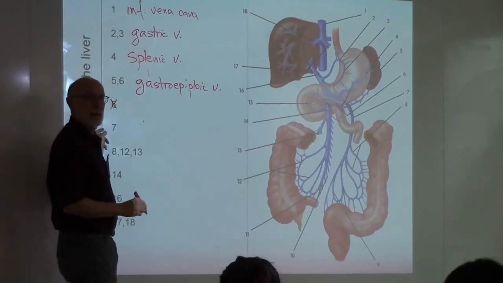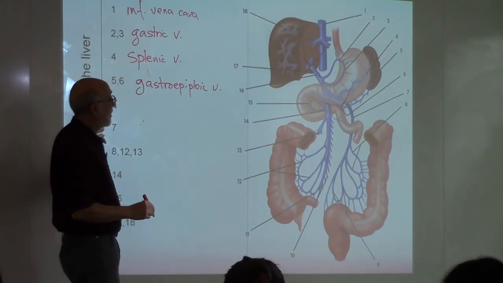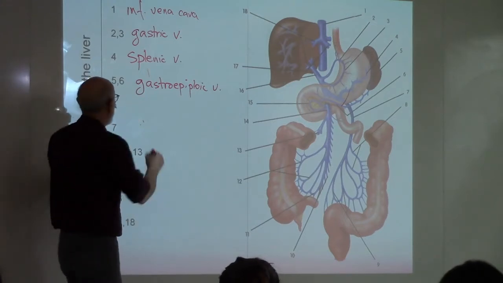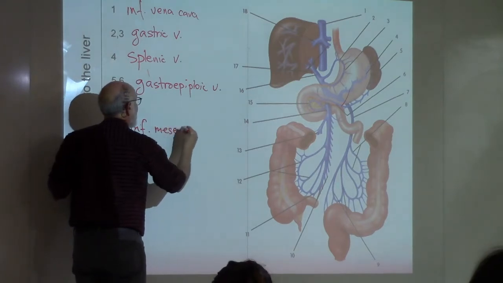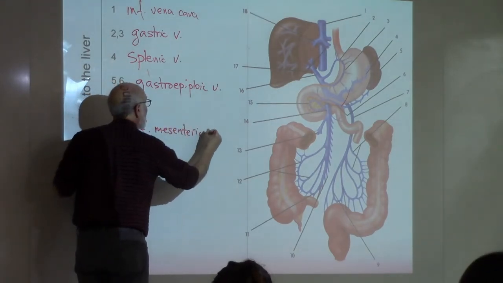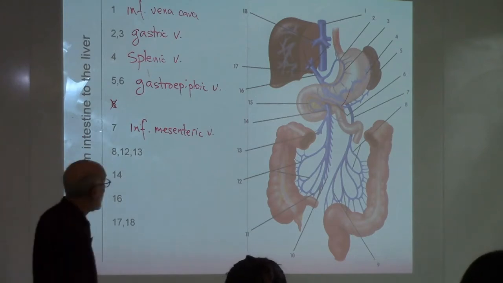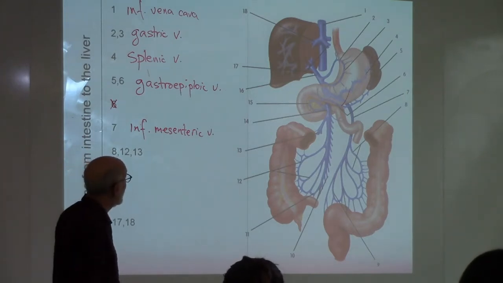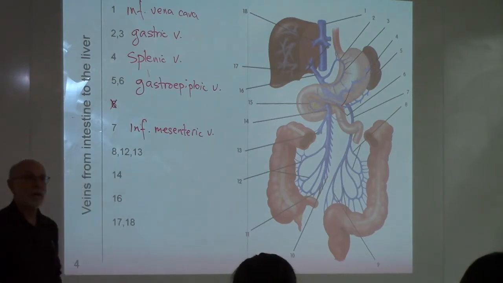7. Where is 7? Okay, what is 7? Inferior mesenteric. Okay, 8, 12, and 13. What do we call those?